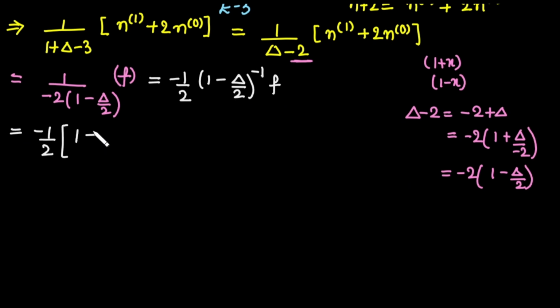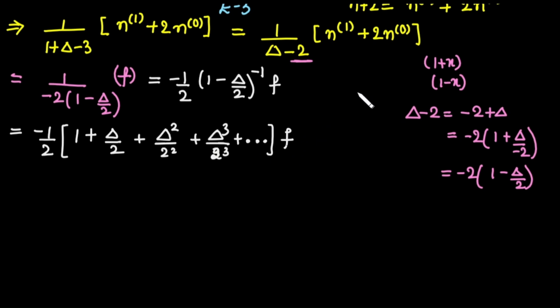So it is 1 plus delta by 2 plus delta square by 2 square plus delta cube by 2 cube and so on, into f. How are we getting this one? It is an expansion of 1 minus x raised to power minus 1. This is equal to 1 plus x plus x square plus x cube, and so on. So in this case the value of x is delta by 2.